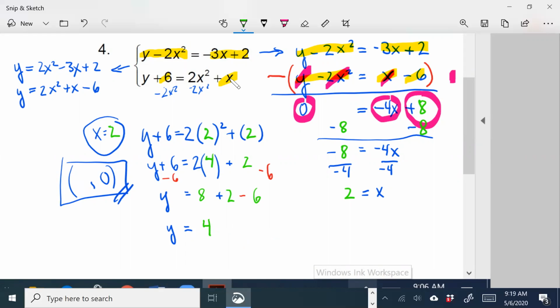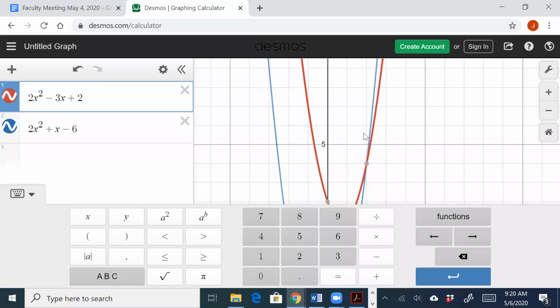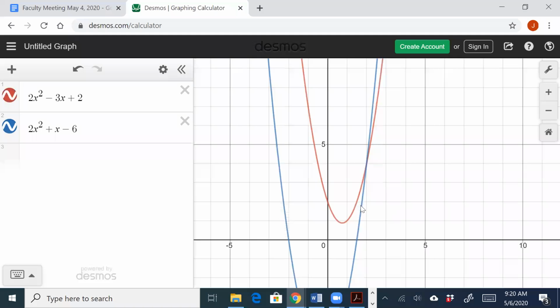And so the ordered pair would actually be 2 comma 4. And then if we go back to Desmos, we see that that's where they intersect, at 2, 4.